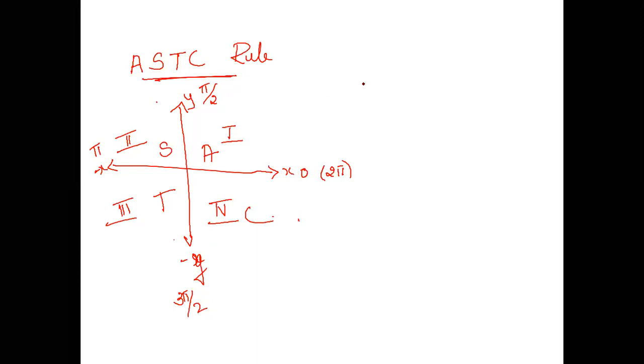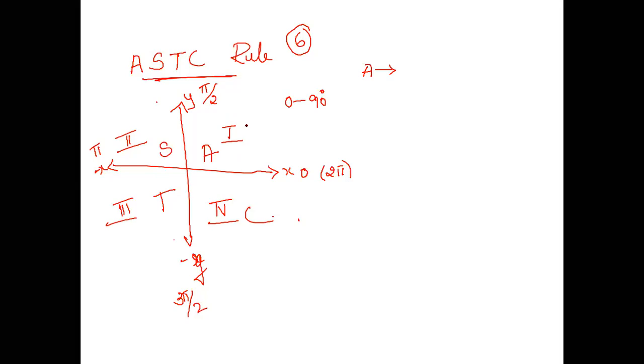Now what does A mean? How many trigonometric functions do you have? Totally you have 6 trigonometric functions. What does A mean?